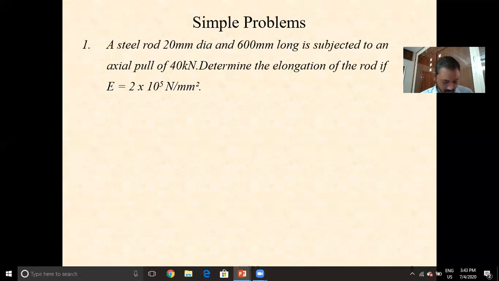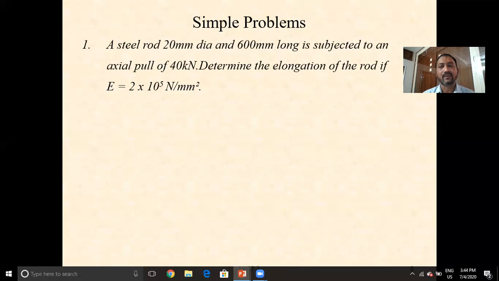Before solving any problem, it is very important that first of all we write down the given data. You have to read carefully and arrange the data in order. The next thing is conversions. For example, sometimes meters are given, sometimes millimeters are given.